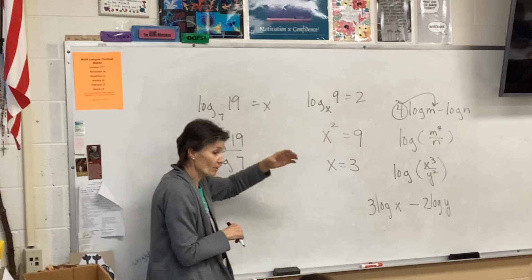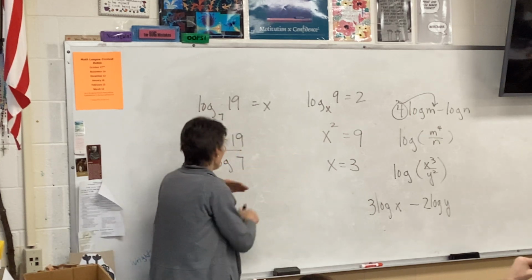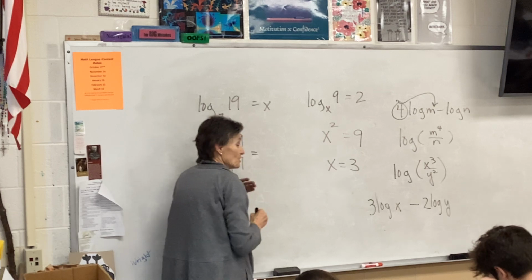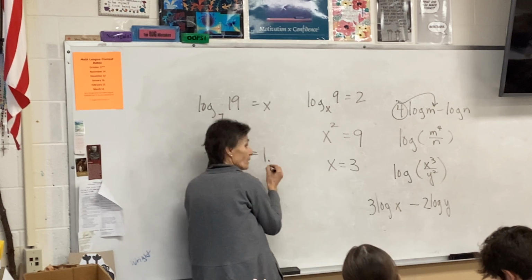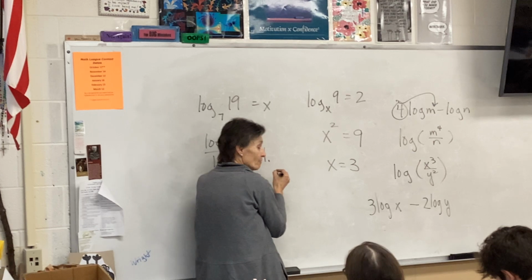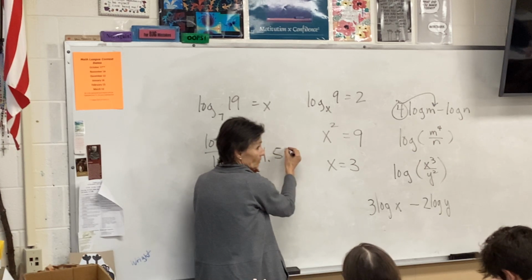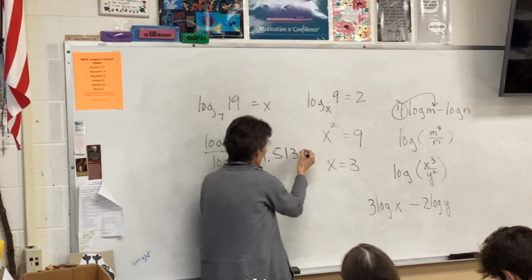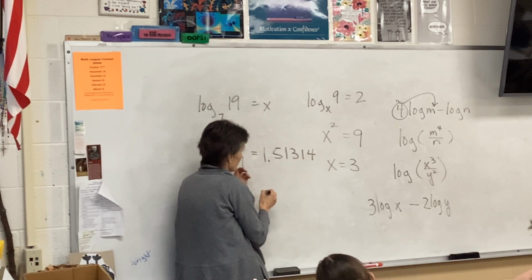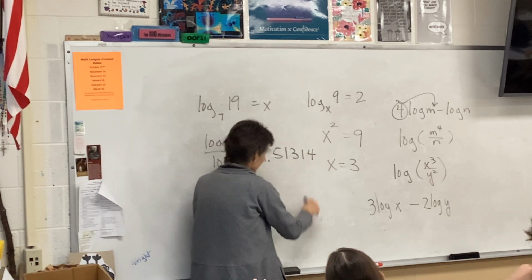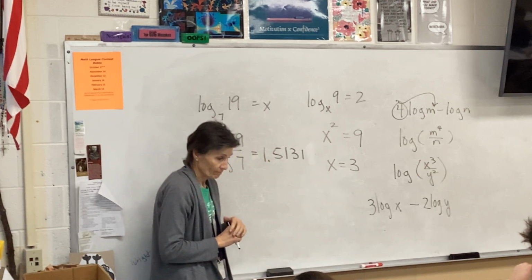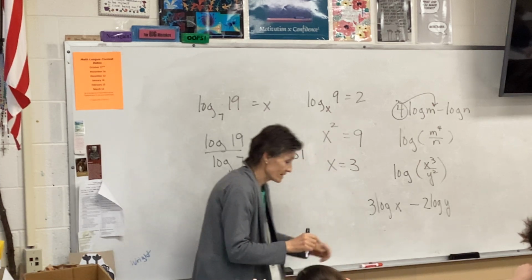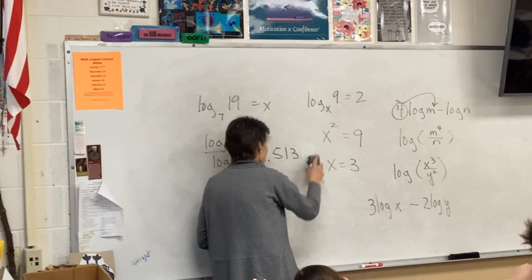Okay, so we type it in our calculator. Type it in, and it's going to give me a decimal. If I go to 4 decimal places, I'll stop it right there.